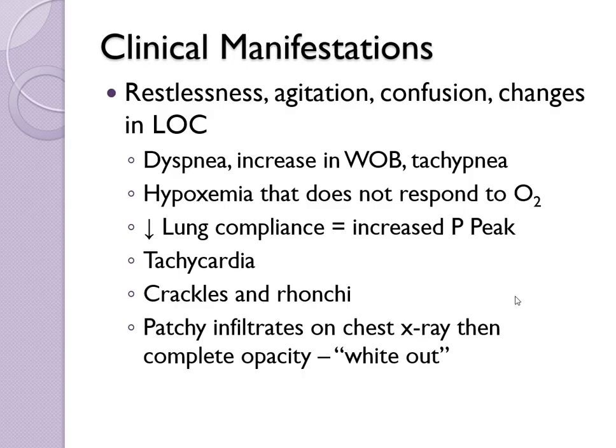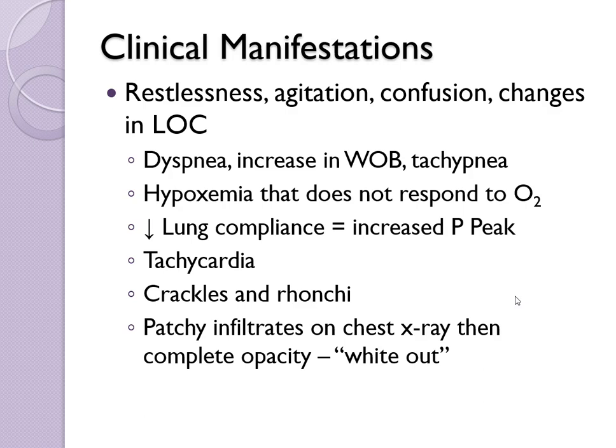When I think of this, I think of all of those things that you learned in pediatrics about nasal flaring, retractions, grunting, all of that. So those are certainly signs in children, and when we see those in adults, then I get very concerned.